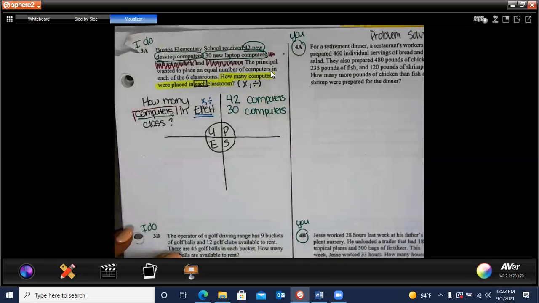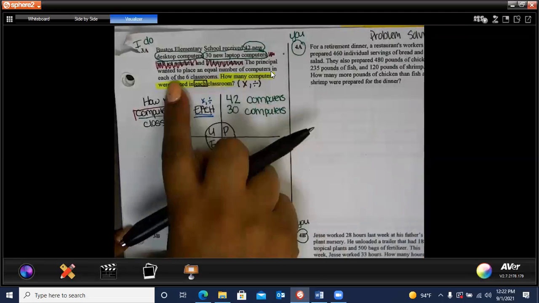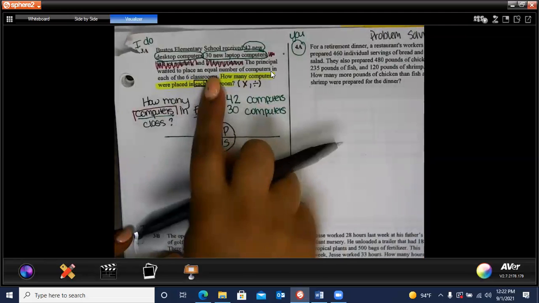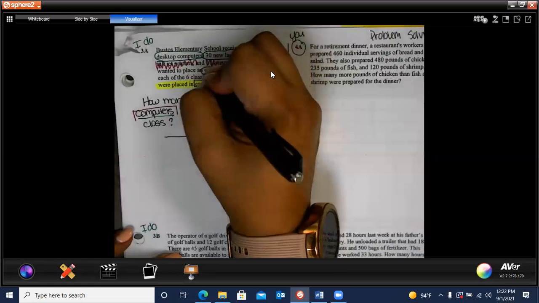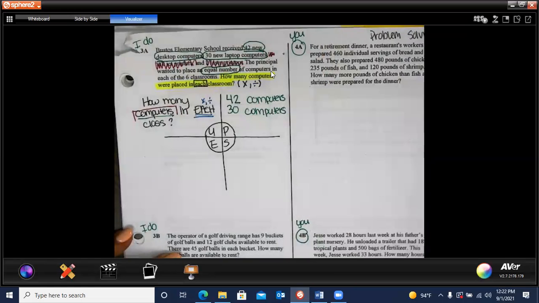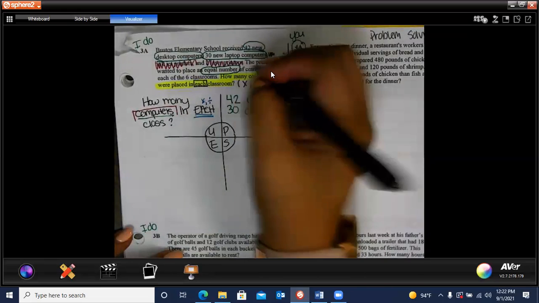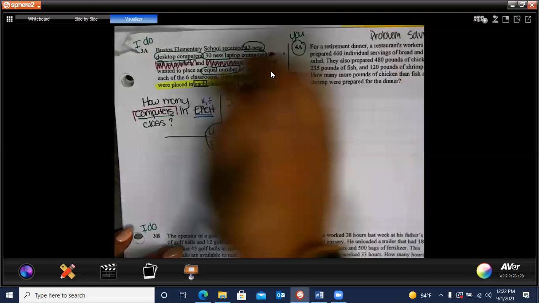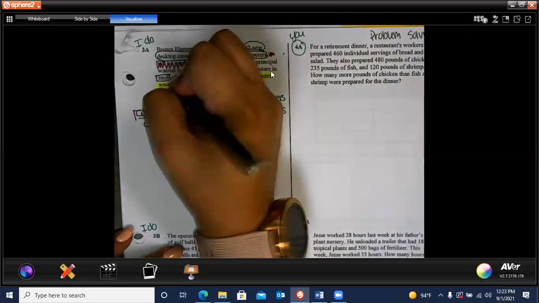So we have some more information. The principal wanted to place an equal number. Clue word there again, equal number. Equal number means that we are... What does the word equal mean? The same amount in each, again, each classroom.